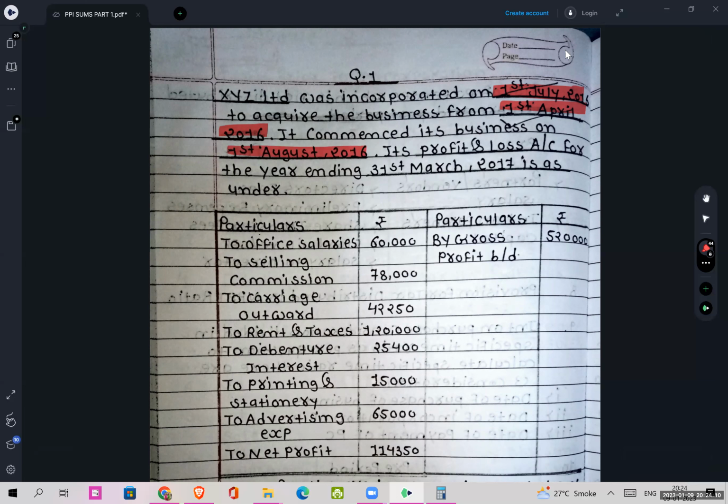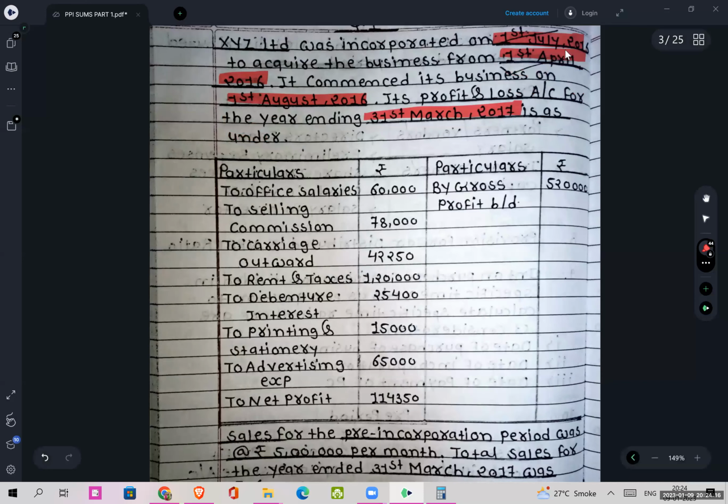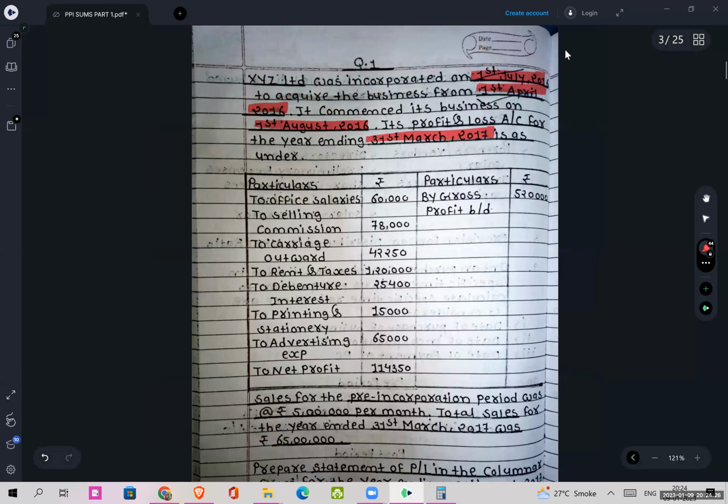Its profit and loss for the year ended 31st March 2017 is as follows. Now you can see here they have given you office salary, selling commission, carriage outward, rent and taxes, debenture interest, printing and stationery, advertisement expenses, net profit, and on the credit side, gross profit brought down.